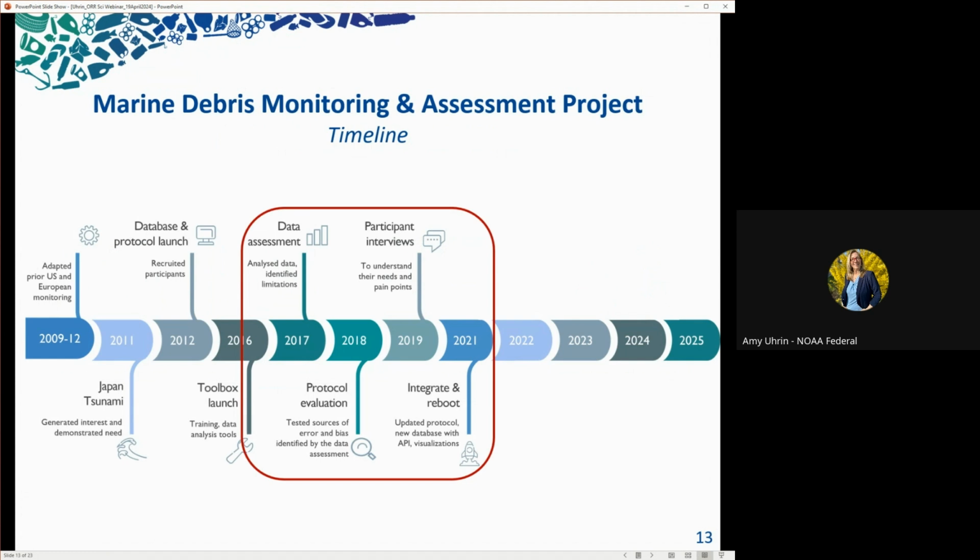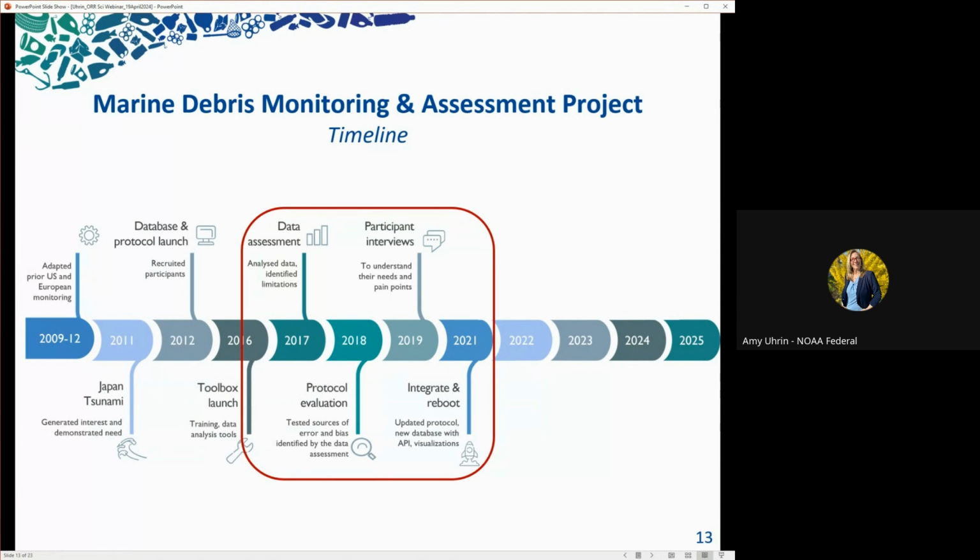We did this through interviews with participants and data users. We performed an analysis of the entire data set as a whole to identify its limitations, and we performed an evaluation of the on-site protocol itself to help resolve some sources of bias in the data collection that had been identified when we did the full-on data assessment. Those efforts resulted in recommendations for ways that the project could better meet partner goals.